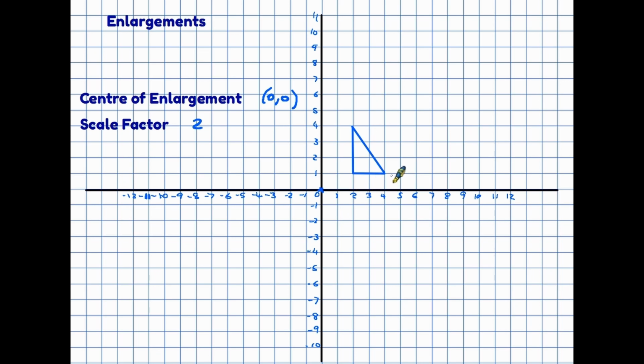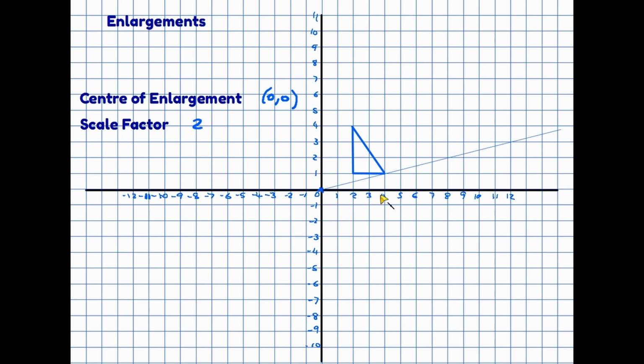Now, to start an enlargement, what we need to do is draw some more lines. And these lines go from the point of enlargement, which, as we said, in this case is the origin, and we take that line through each of the corners of the triangle. This needs to be done accurately to make sure we have an exact drawing at the end.